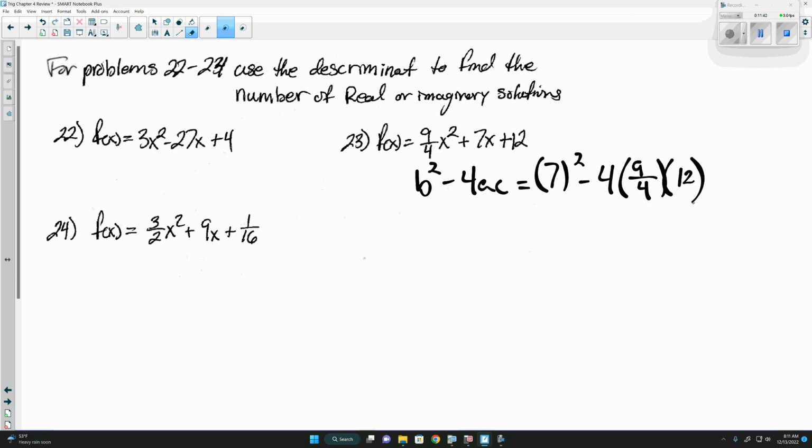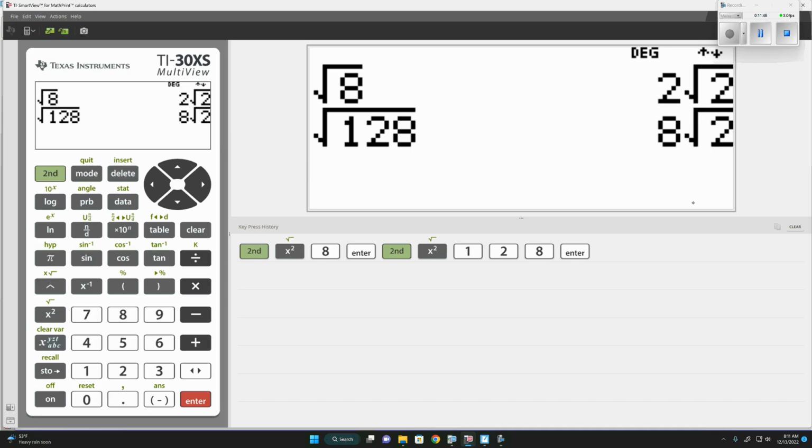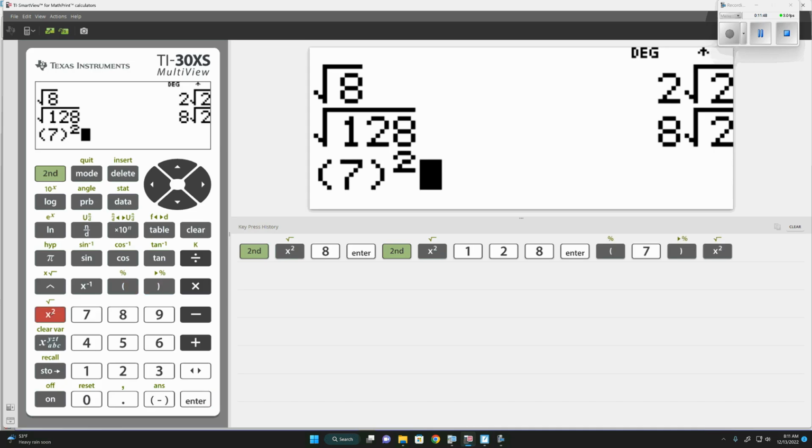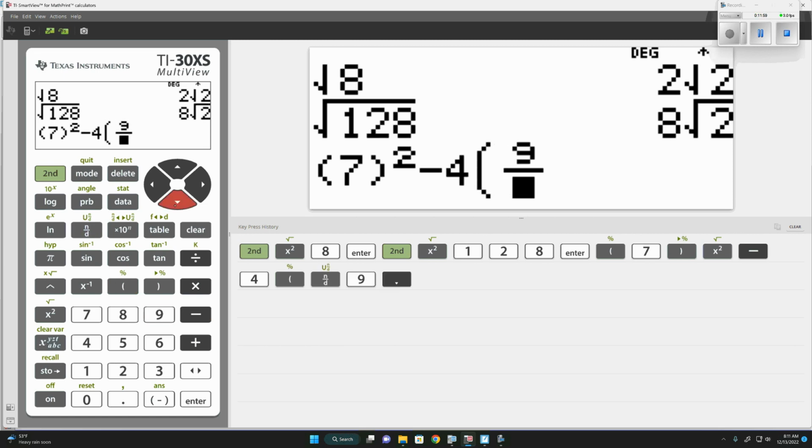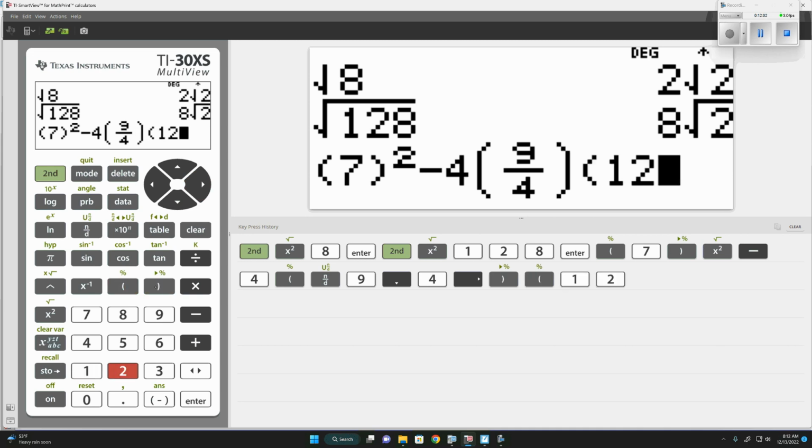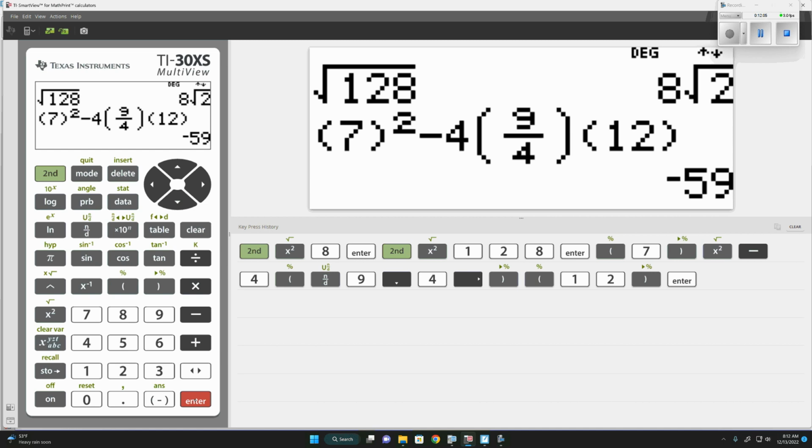B squared minus 4ac. And we can pick a calculator, doesn't matter which. 7 squared, minus 4 times 9/4 times 12. Negative 59.